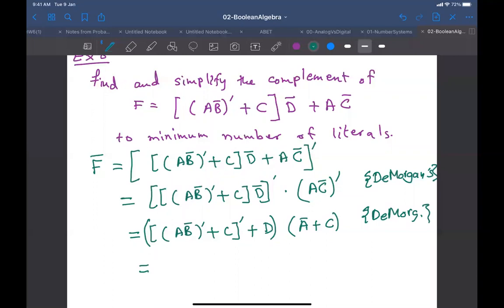So I start with the complement of the complement of AB complemented. The two complements will cancel each other and I'll get A B complement, right? Then this OR will become an AND, and this C will become a C complement. I don't need brackets here because of the same precedence.